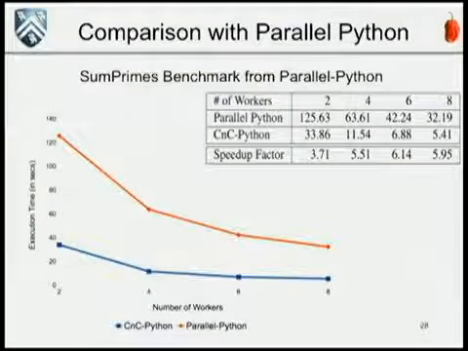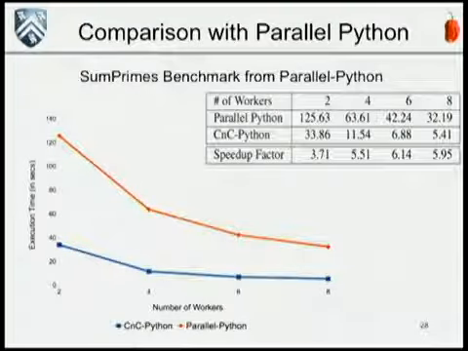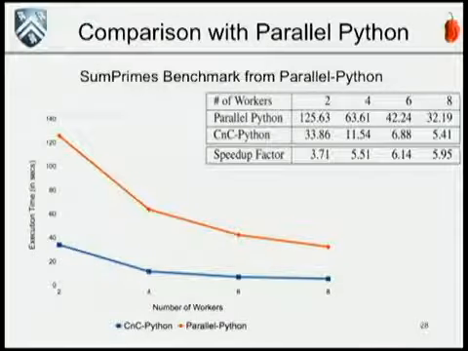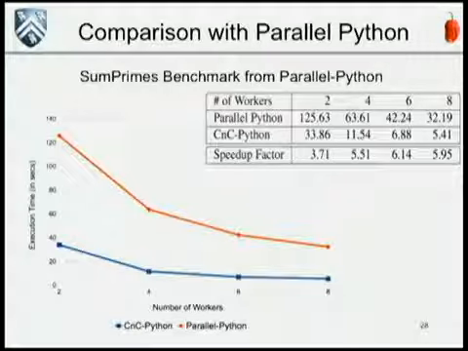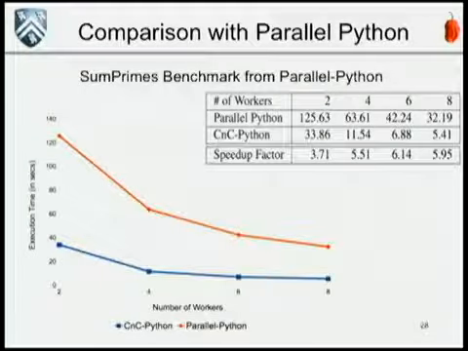So here's a benchmark used by Parallelism. It basically sums up all the primes in some given range. And here are the numbers if you use Python, Parallelism, and if you use CnC-Python. What we're saving here is that Parallelism uses blocking constructs. Every time you want to read data, you do a get, and you block until the data becomes available. But in CnC-Python, since you're explicitly defining your data dependencies, the runtime is smart enough not to try to read data if it's not available.